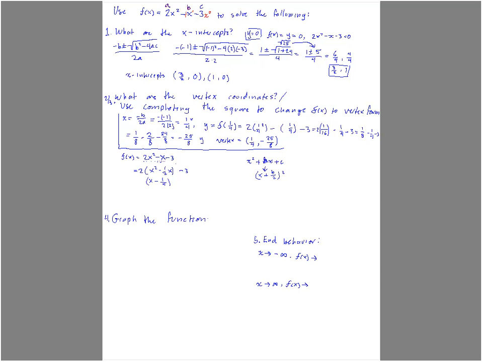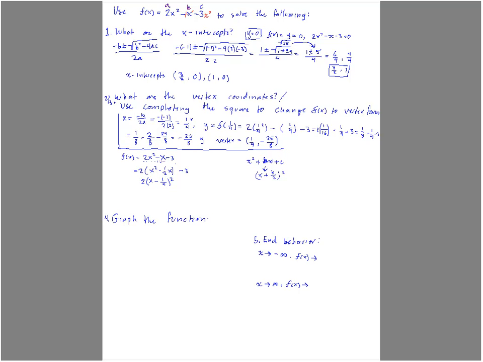And so you go ahead and square the outside. Now, if you notice, this 1/4 specifically matches the x value that we got in the vertex coordinates for the previous section. That'll be important.